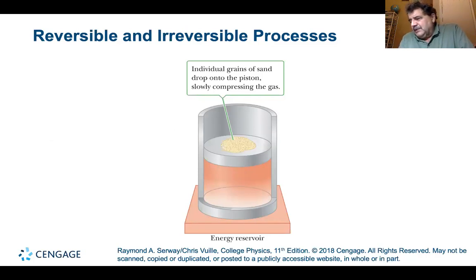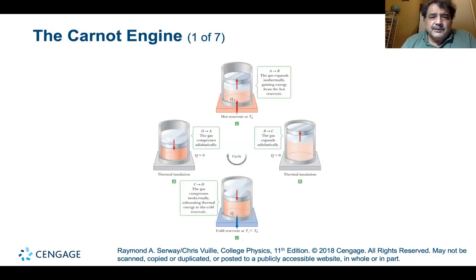If we were to put small grains of sand and move this very slowly on a frictionless piston, and then remove the sand, it could be a reversible process. But because of friction and other processes, most processes in nature are not reversible. They're all irreversible.